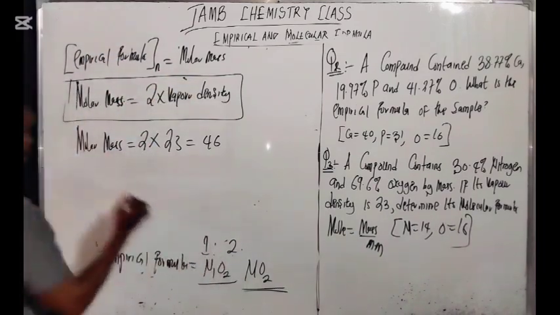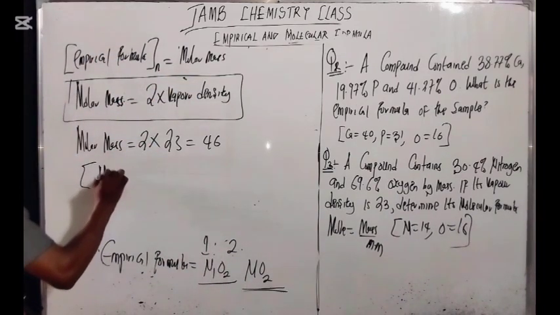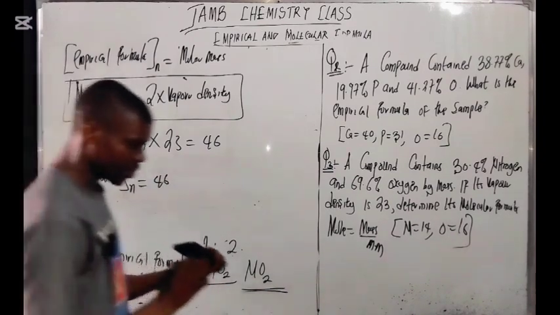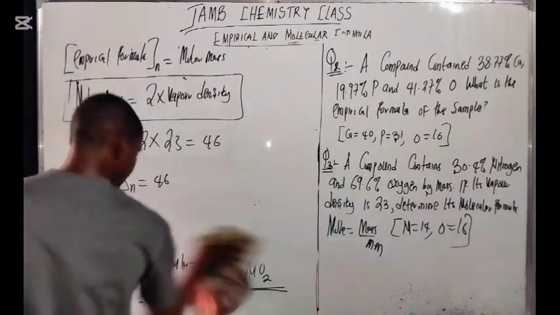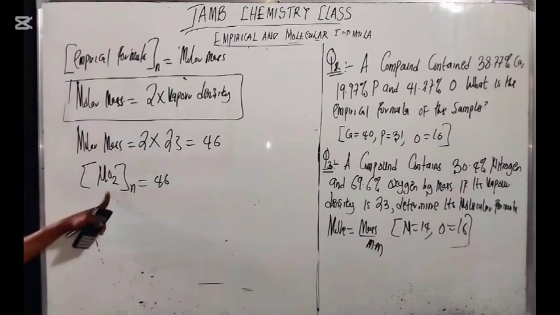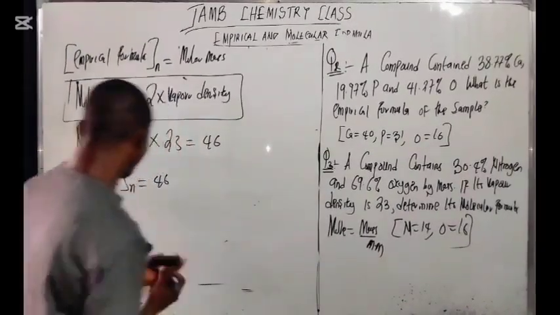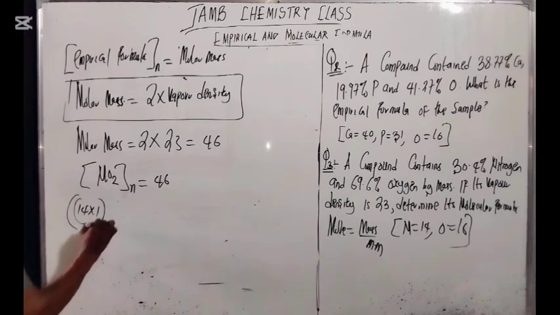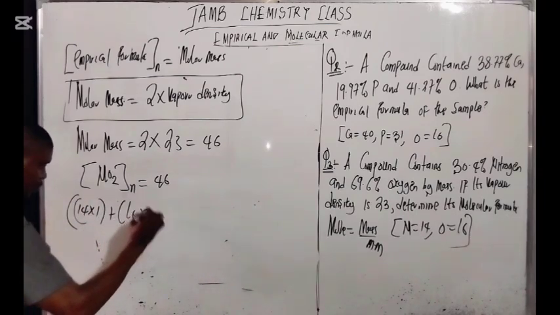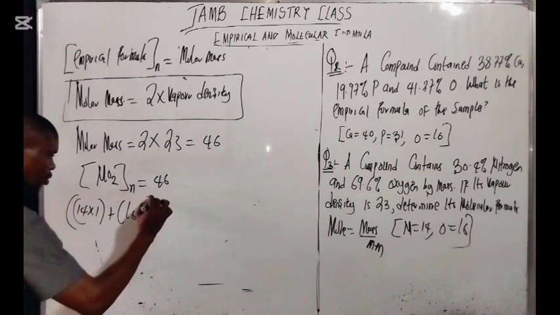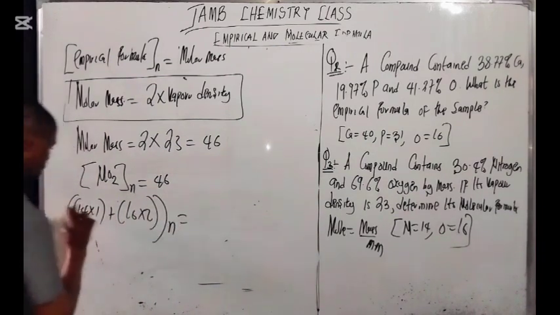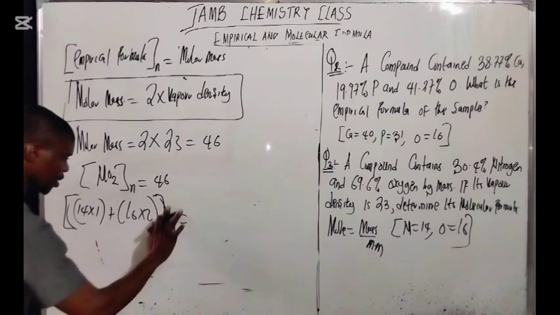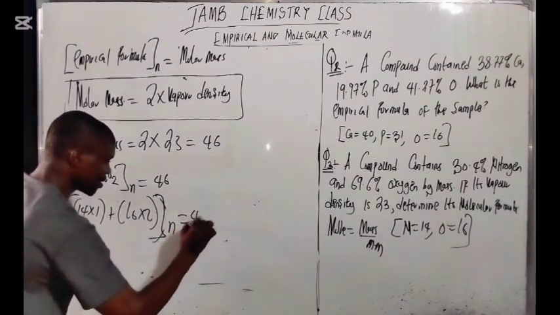Where the empirical formula is NO2, n equals 46, right? So let's calculate the molar mass of this empirical formula here. If you calculate the molar mass here, 14 times 1 plus 16 times 2, times n equals 46.